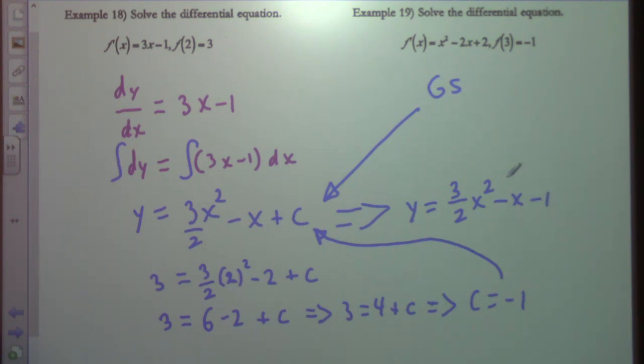So this is called your particular solution. I'll call it PS. Okay? What I want you to do is take a stab at number 19, which is a similar type of problem. You can do number 19? We can try. That's what I asked you to do today. Good job.